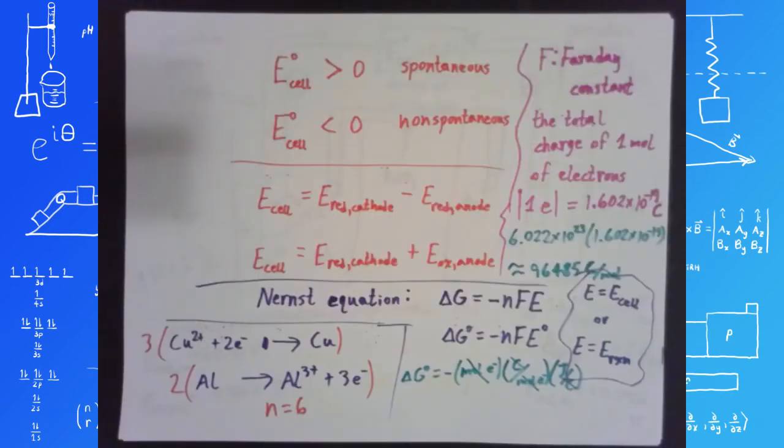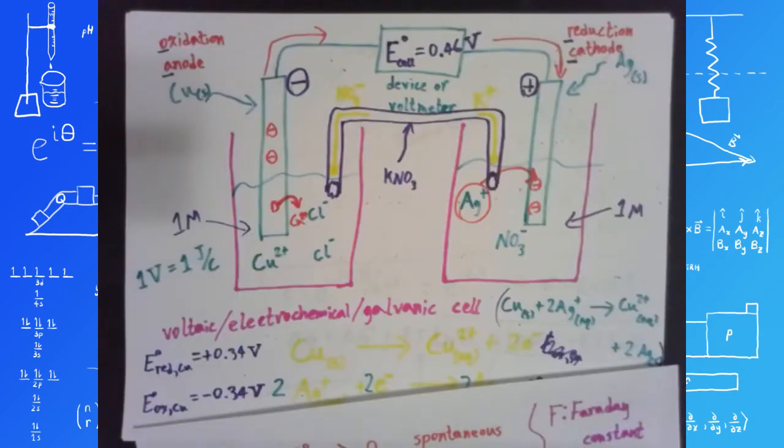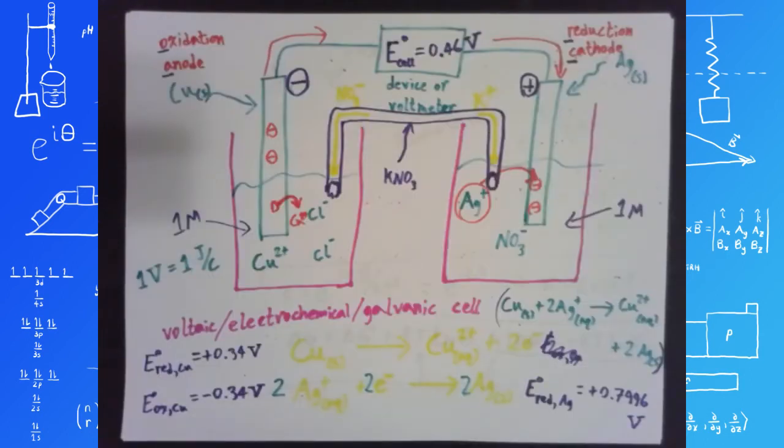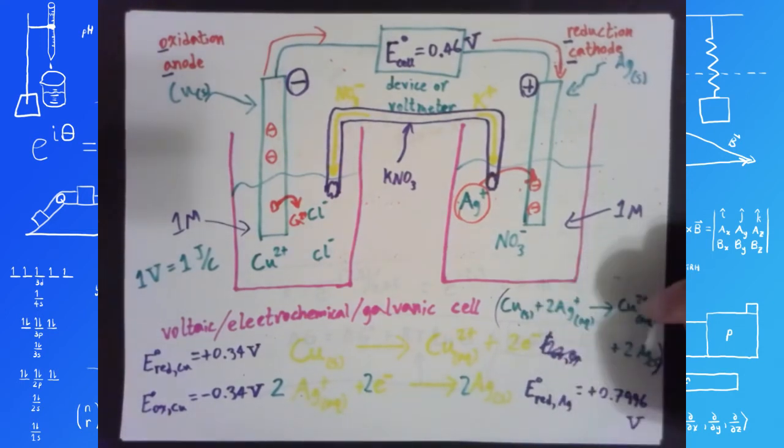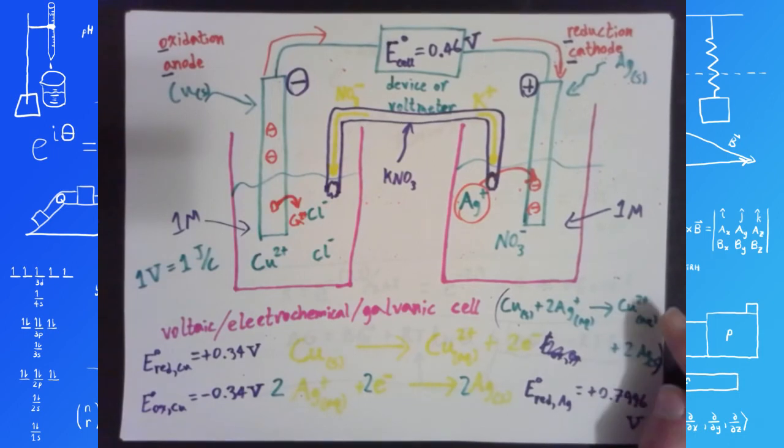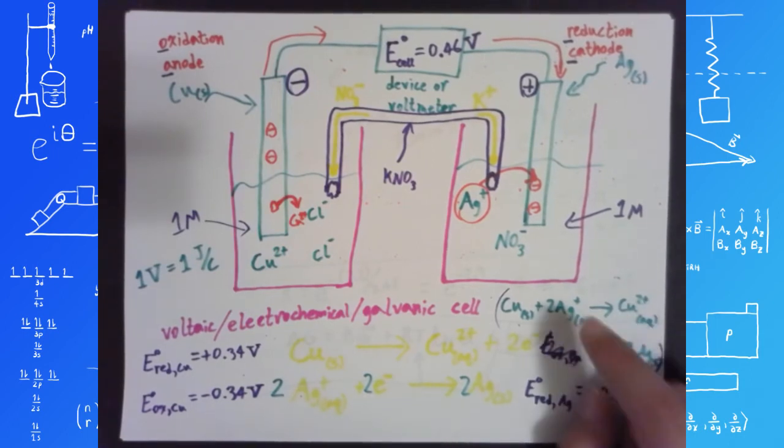actually let's go to our very first one. Yeah, if we went to this one, it was copper plus silver ion, and on the right hand side it's copper ion plus solid silver. The solids don't count, of course, so Q would be copper concentration over silver concentration squared.